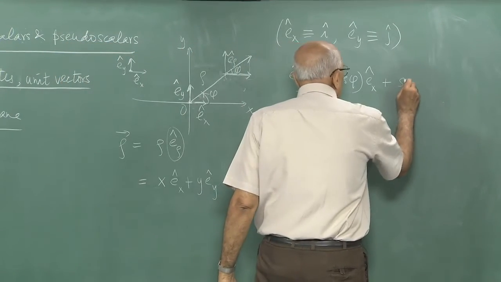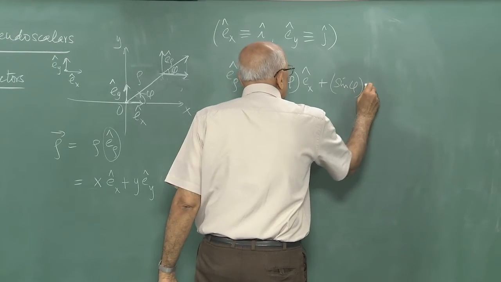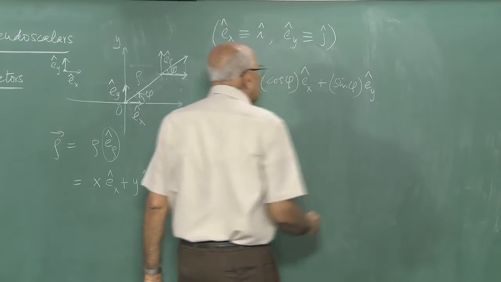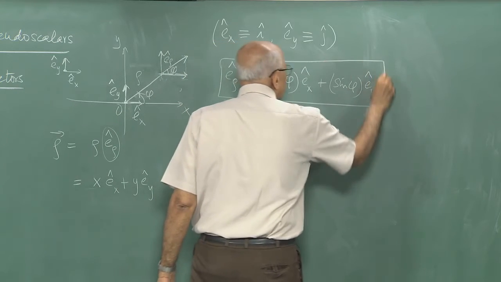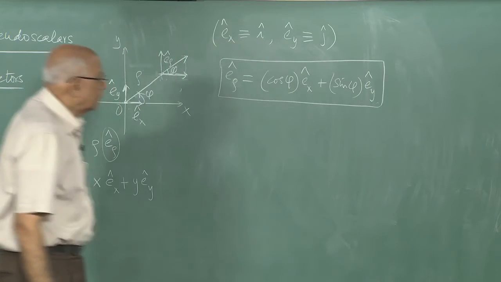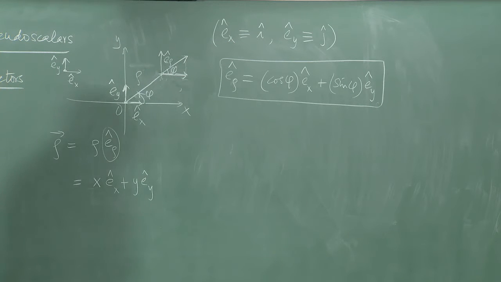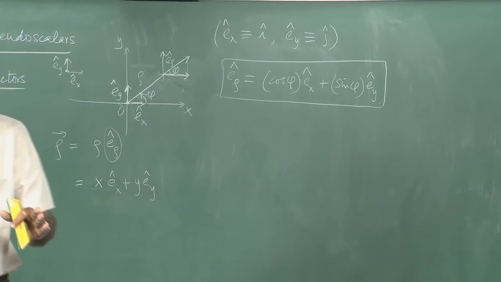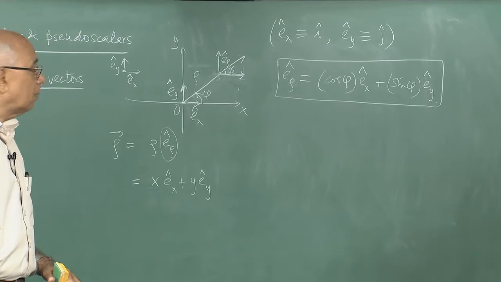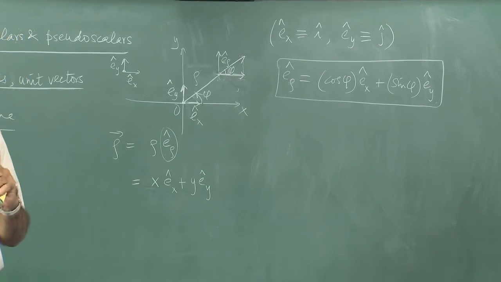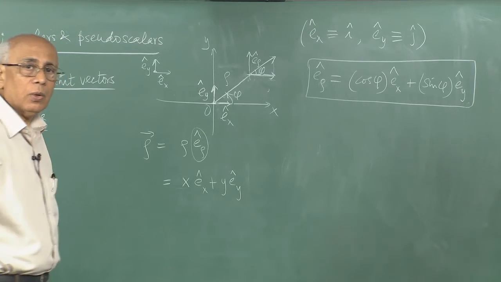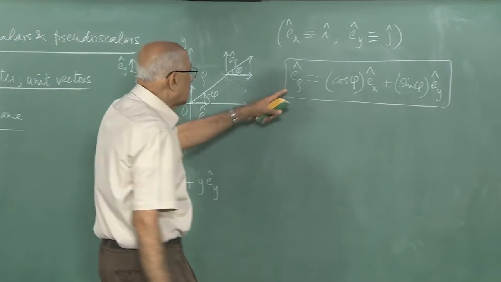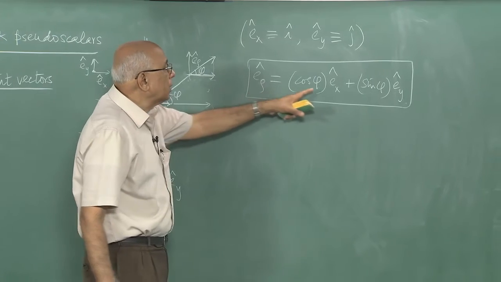So this is sin phi times Ey. That is a basic relationship, and it immediately tells you exactly what I have been saying all along, namely that the unit vector in plane polar coordinates is going to be dependent on the position, on the coordinates themselves. In this case, it turns out that E rho is a function of phi.